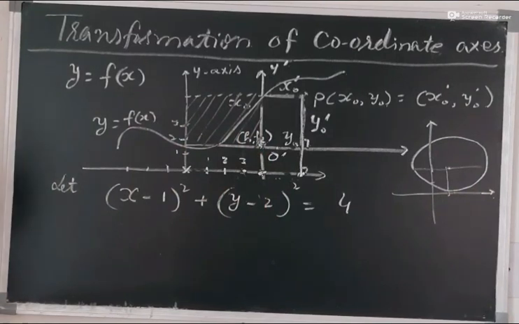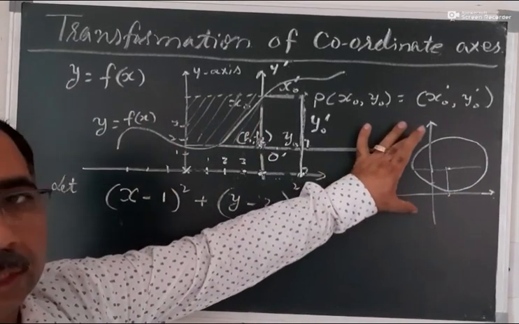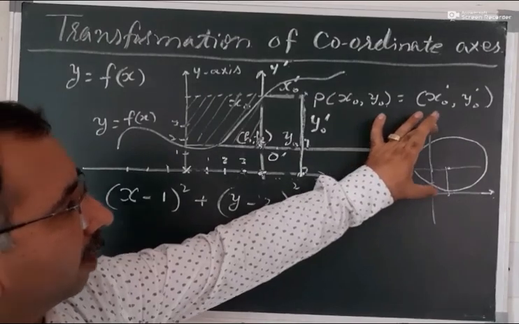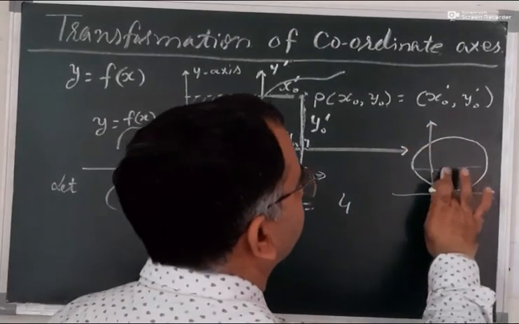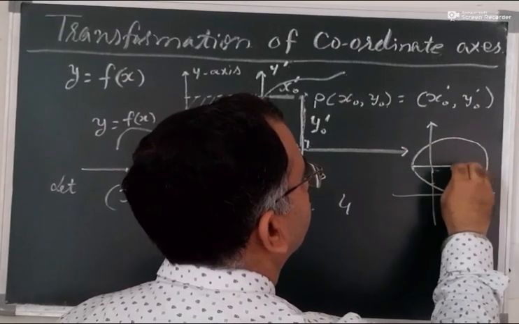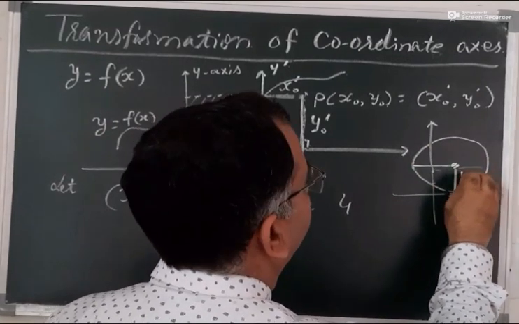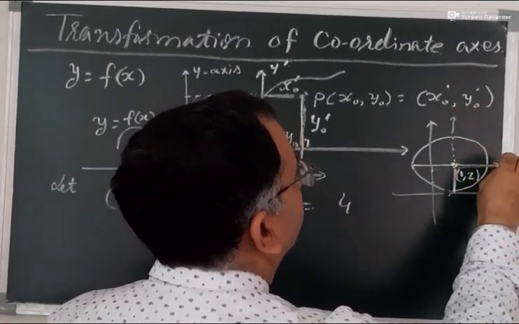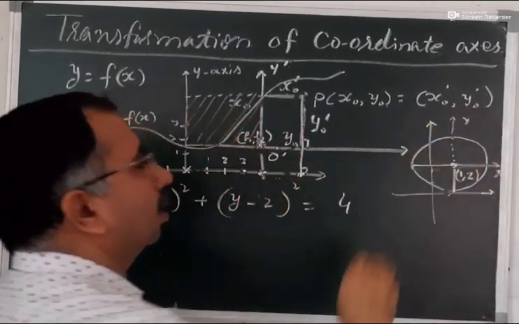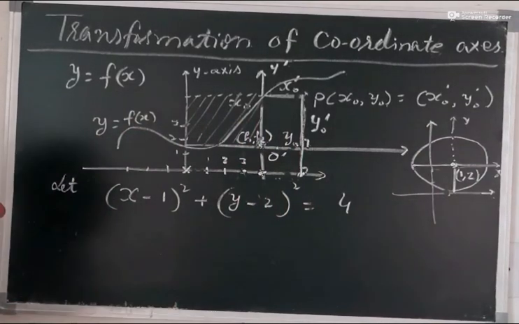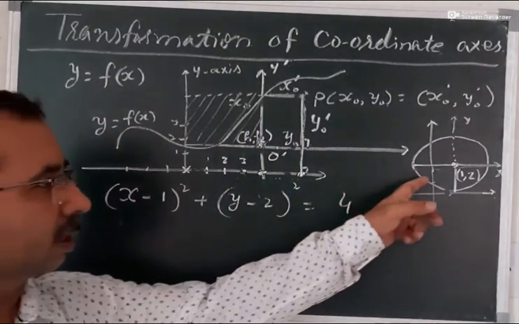Now suppose I pick this frame of reference from this point and place it at the center of the circle, which is (1, 2). That is, I shift the origin from (0, 0) to (1, 2). Then what will be the new equation of this circle?